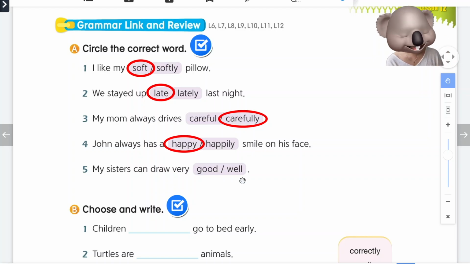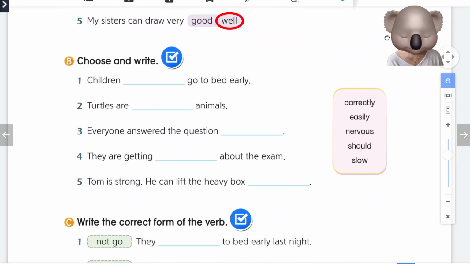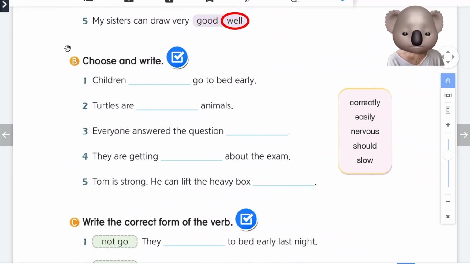Very well. Good job. In part B, we need to choose and write. In our word box, we have correctly, 맞게, easily, 쉽게, nervous, 긴장한, should, 조원, slow, 느린.